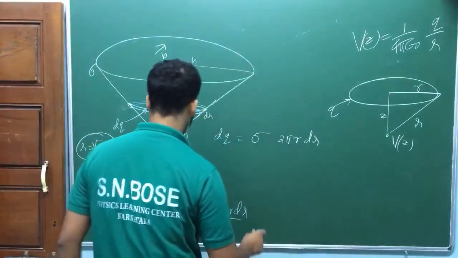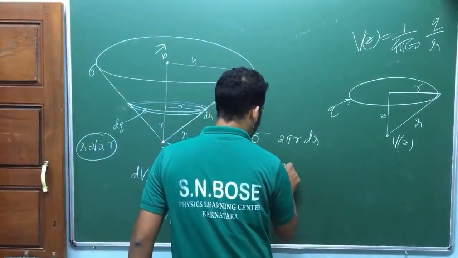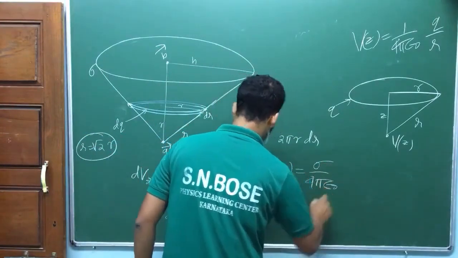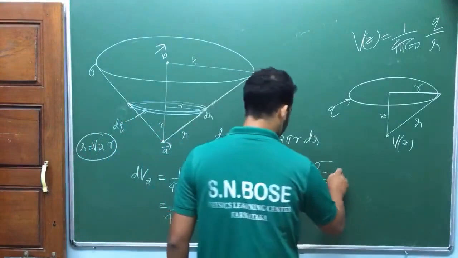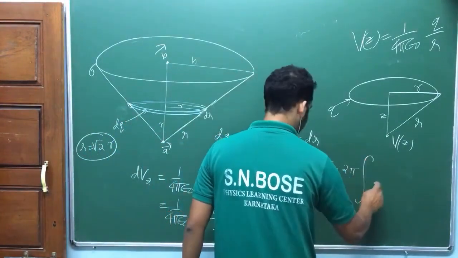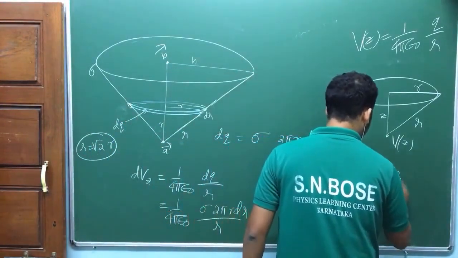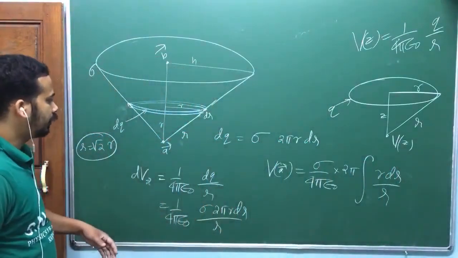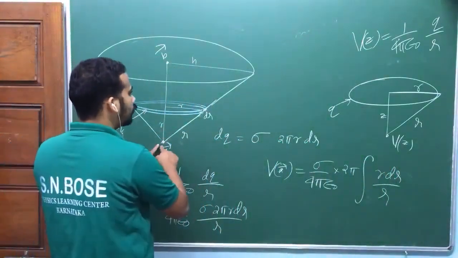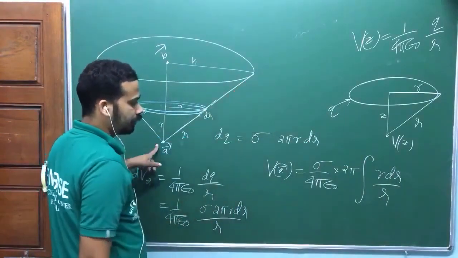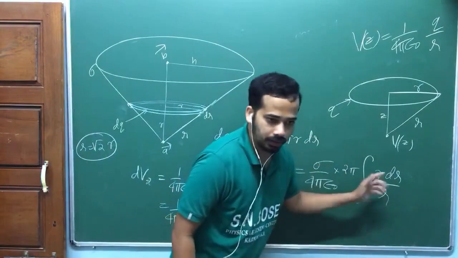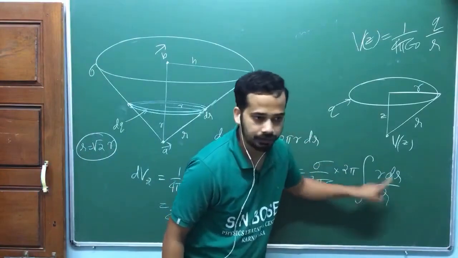It is a scalar integral. To find potential at A, you integrate sigma by 4 pi epsilon naught. Sigma is constant, 2 pi is also constant. Integral of r dr divided by italic R. Now you have two choices. You can convert the whole thing into italic R, since italic R is also variable.